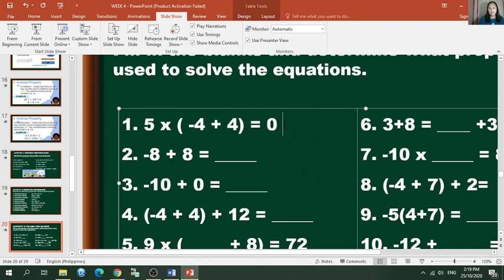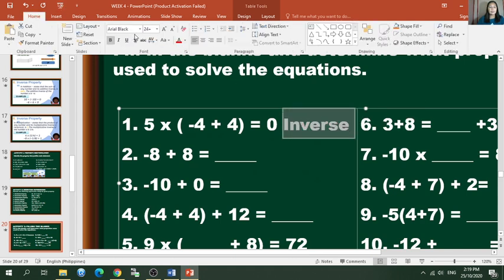So the answer here is negative 4, that is 1 check, and then the property used is inverse property. So that will be our answer, inverse property. Let's change it. So this is one of your answers.